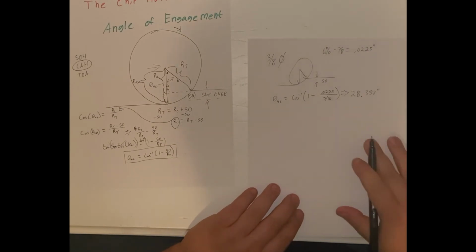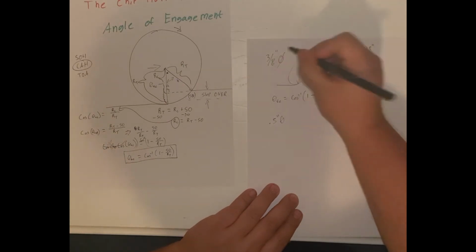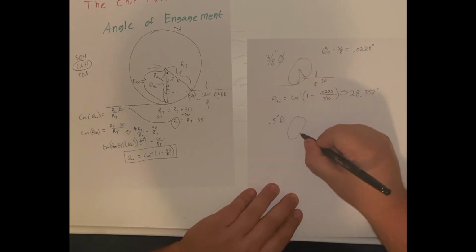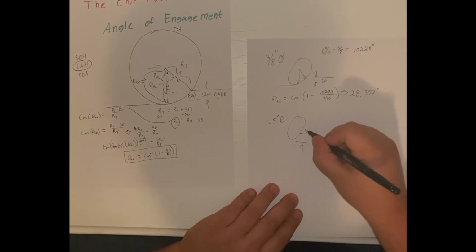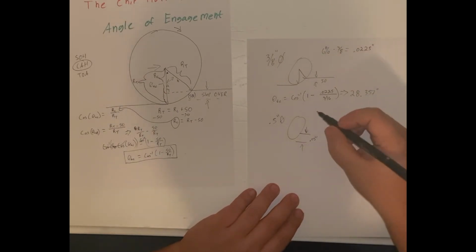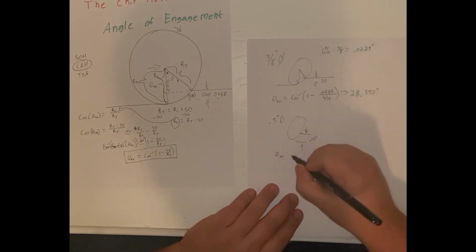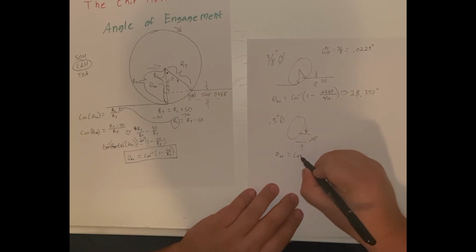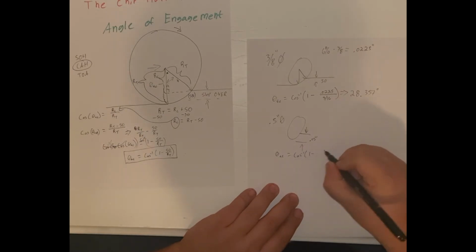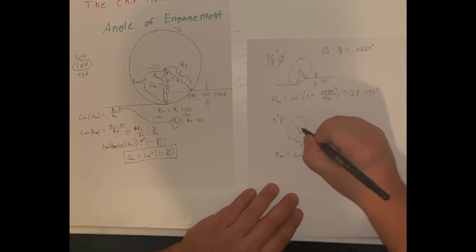So now let's just do another one. Let's say a 1/2 inch tool. Same thing, step over, let's say just 50 thousandths. So theta equals cosine inverse of 1 minus 0.05 divided by 0.25, because this is the radius of the tool.